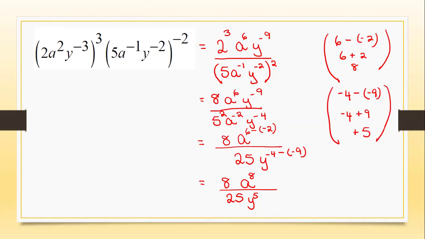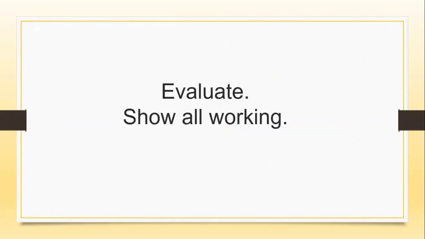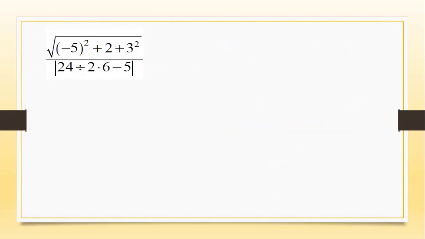Evaluate, show all working. We have the square root of negative 5 all to the power of 2, plus 2 plus 3 squared, divided by the absolute value of 24 divided by 2 multiplied by 6, subtracting 5. Let's deal with the numerator first.